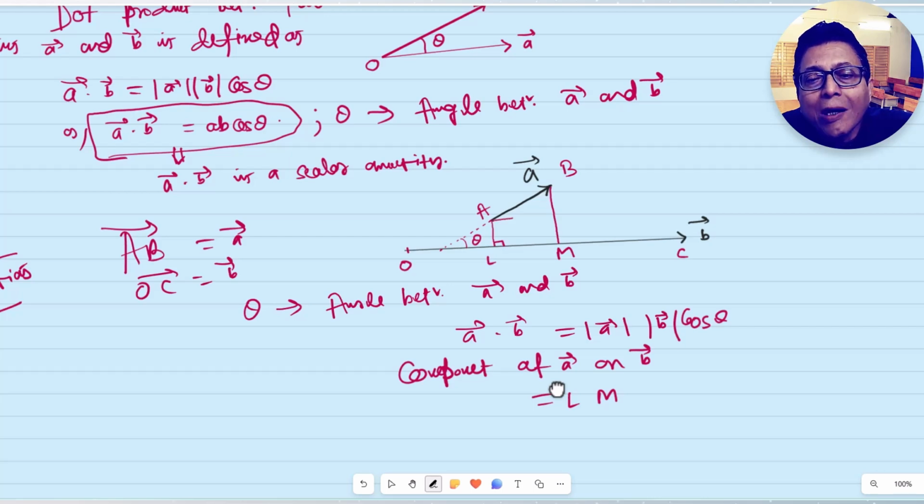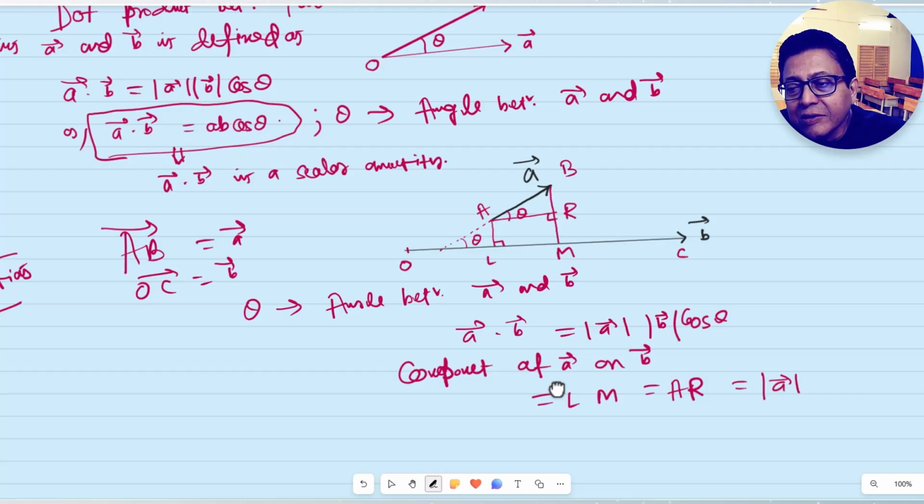Now, if we draw another perpendicular here, AR, this LM is nothing but AR. Okay? LM is nothing but AR. And as this angle is theta, in this diagram it is mod A cos theta.